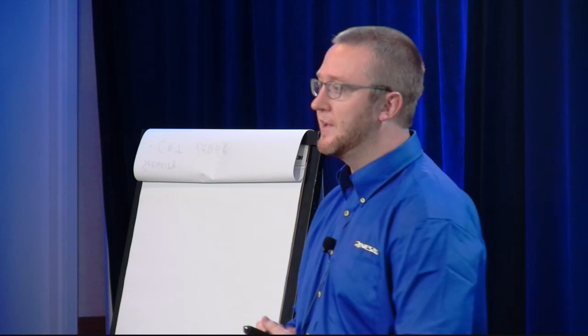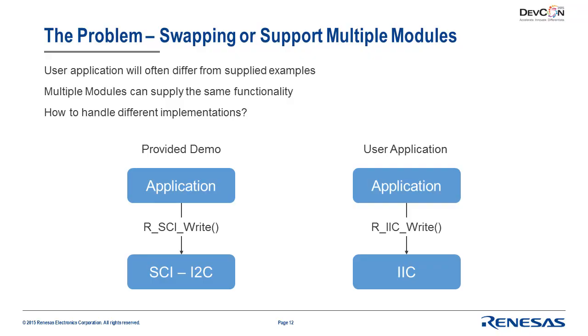So interfaces, let's get into some of the good stuff. So here's a problem many of you have probably run into. We're going back to what we were talking about at the very beginning of the presentation with sample code. The user application will almost always differ from the supplied examples you get from the internet. So you get some provided sample code. Your application needs to communicate over I²C. So you download some code from the website, and it uses the SCI peripheral.